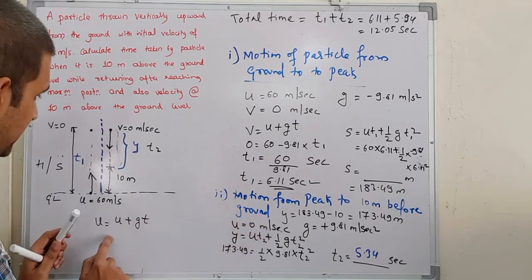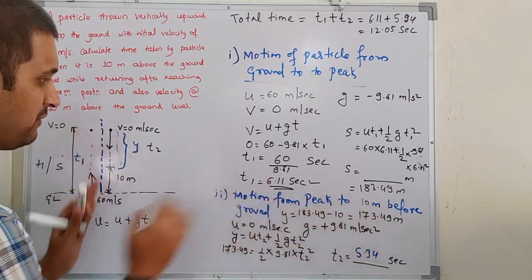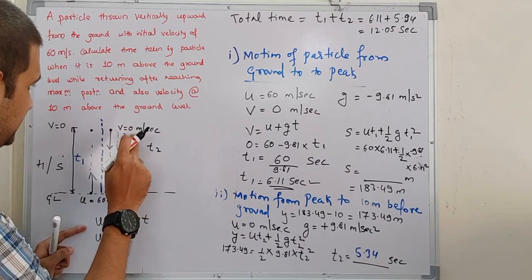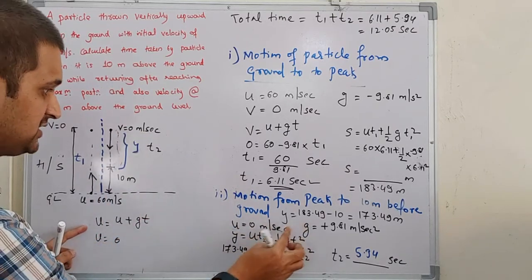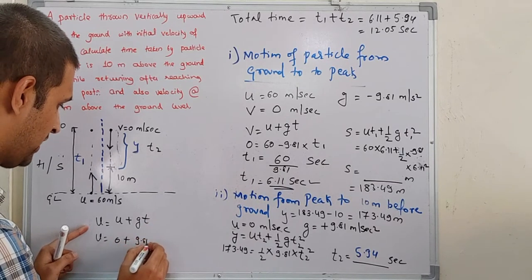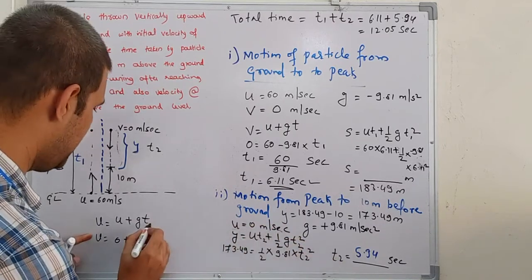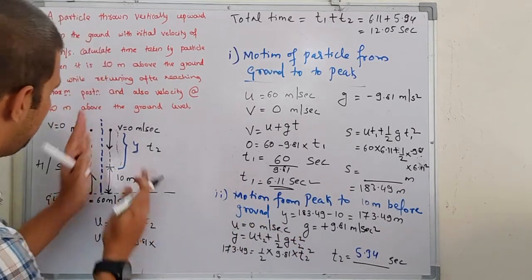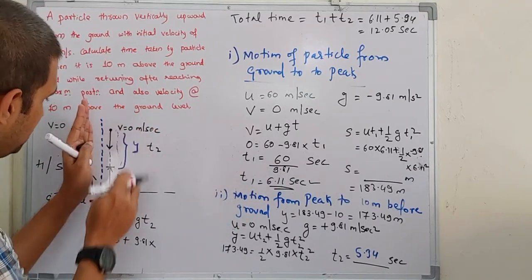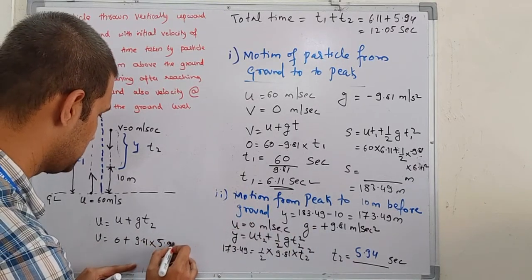Now again for this you have to take the second part of the motion, from the peak to 10 meter before reaching the ground. So V is the one which you have to calculate, and initial velocity is 0, plus 9.81 into T2. T2 is the time for the second part of the motion, which has taken 5.94 seconds.